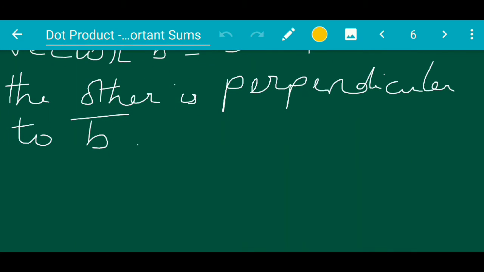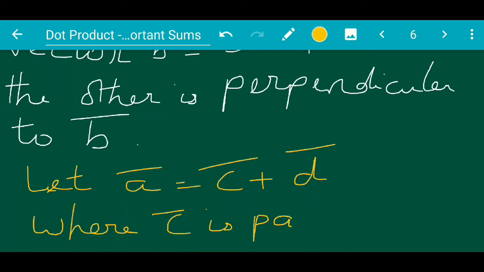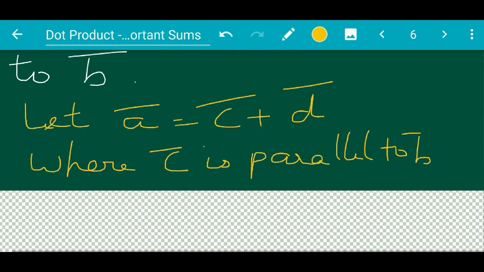So let us write it down first. We have to express a bar equal to c bar plus d bar, where c bar is parallel to b, and also d bar is perpendicular to b.